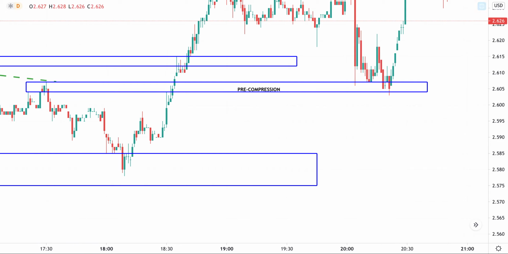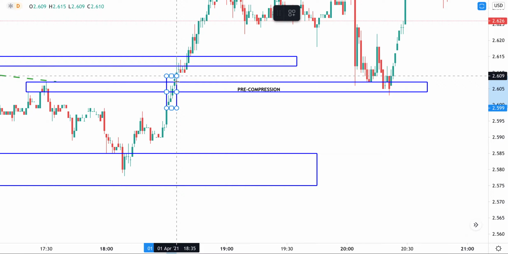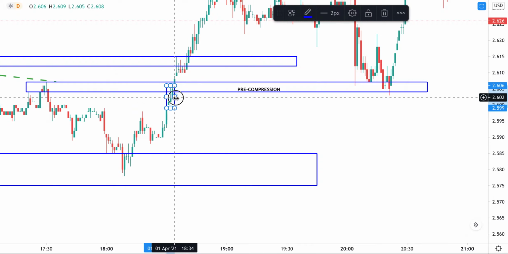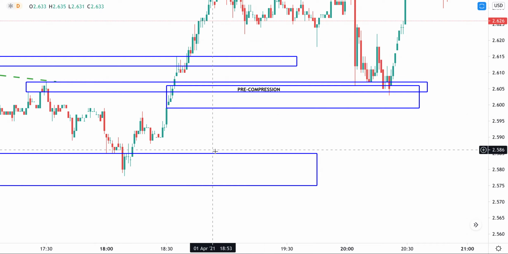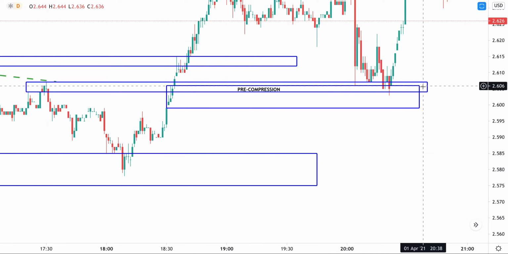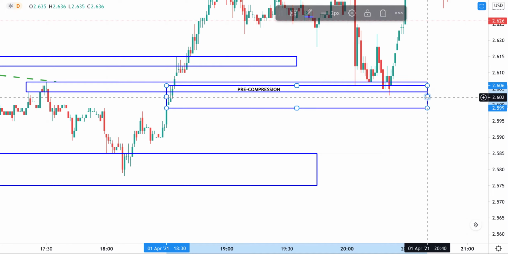So you really need to take care of all this into your account before you commit, before you dip your fingers into the market or throw your chips on the table.